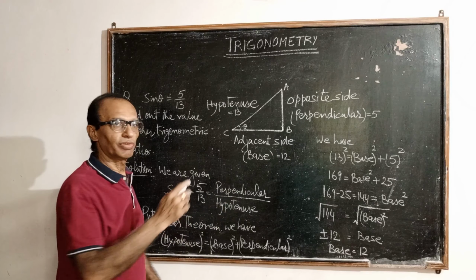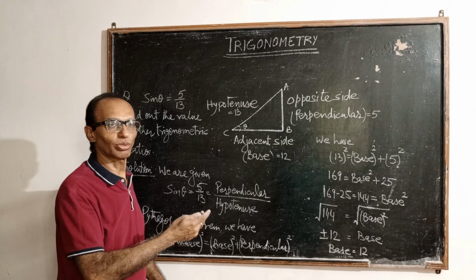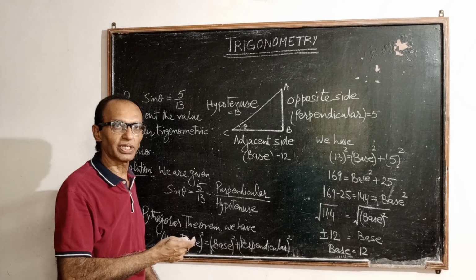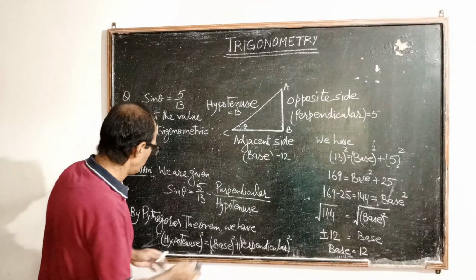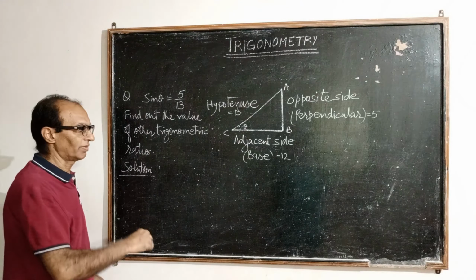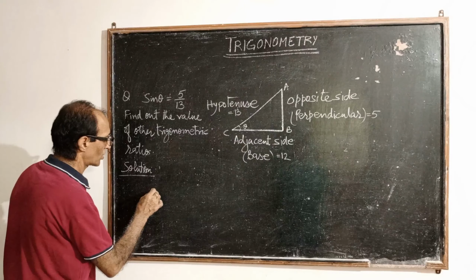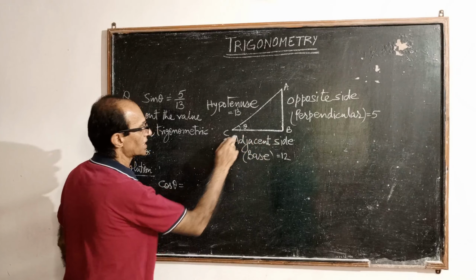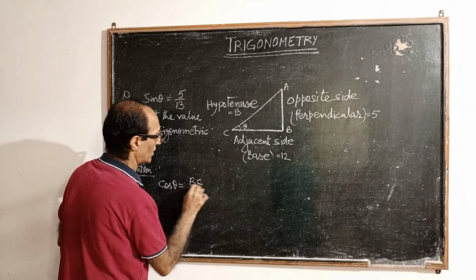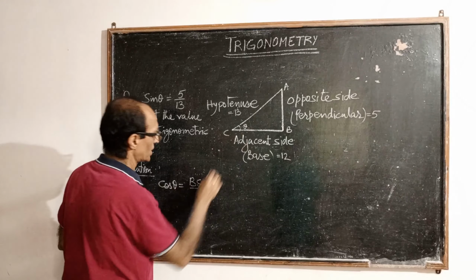After this we simply have to find out the ratios, since we know the definition of various trigonometric ratios. So let us deal with that. Sin theta we have already been given. We go with cos theta. Cos theta is base BC divided by hypotenuse AC.